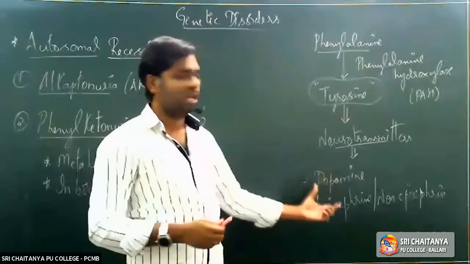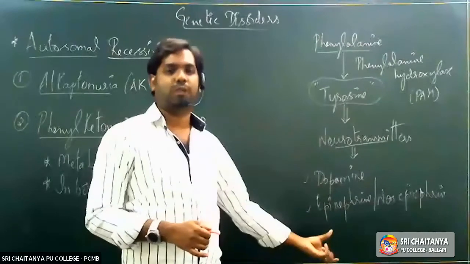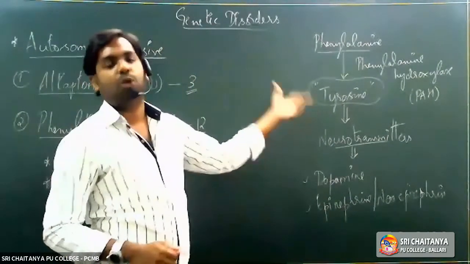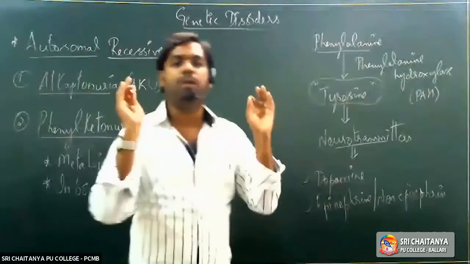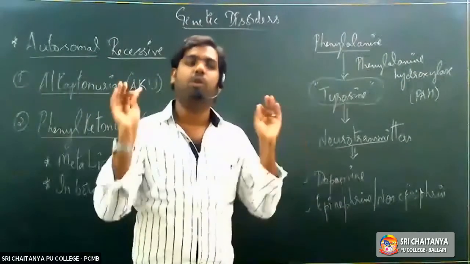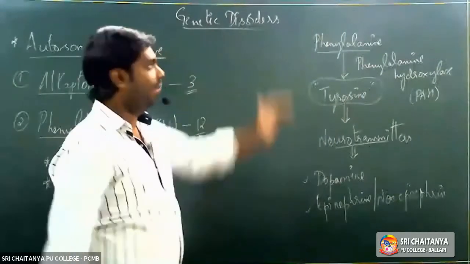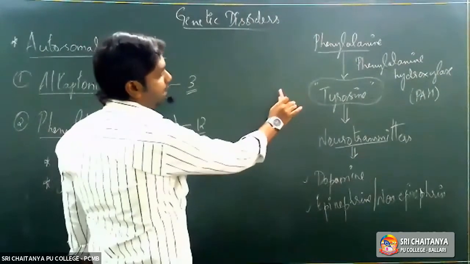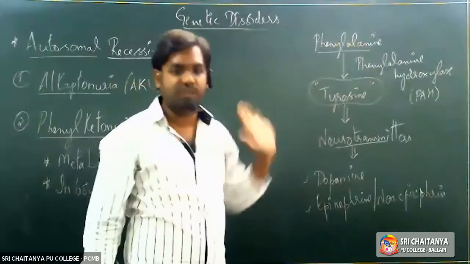So these neurotransmitters play a very important role, and for their synthesis, the amino acid tyrosine is required. Without tyrosine, these neurotransmitters are not synthesized. So in normal condition, this is the normal mechanism that is happening, where phenylalanine is transformed into tyrosine in the presence of the enzyme phenylalanine hydroxylase.